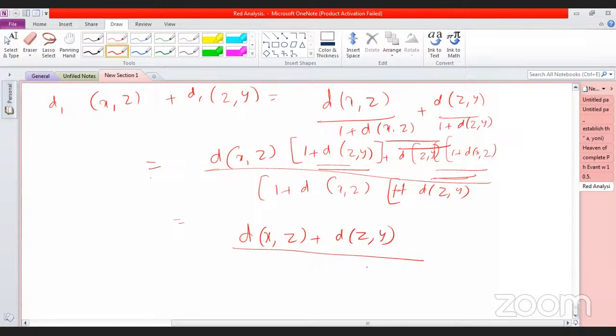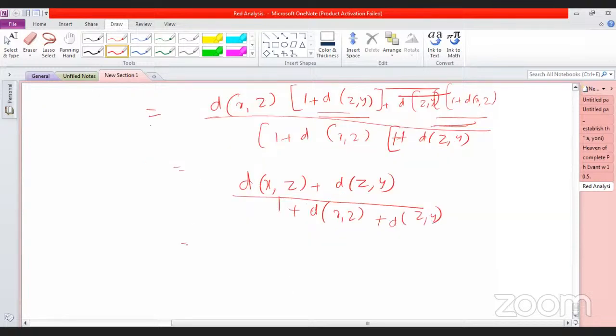In the denominator, 1 plus d of x comma z plus d of z comma y, into d of z comma y. After simplification, 1 plus d of x comma z plus d of z comma y.